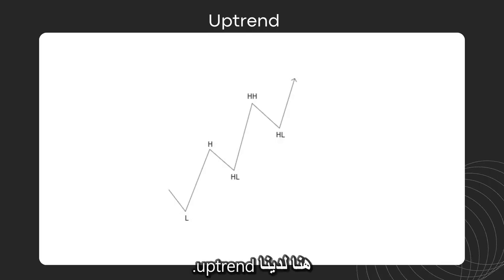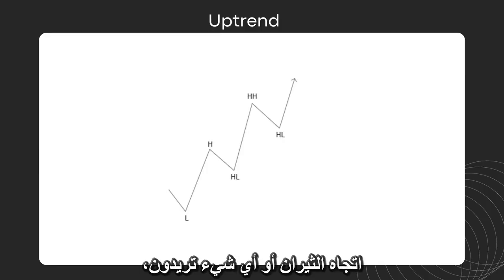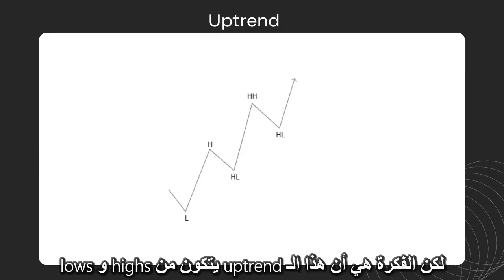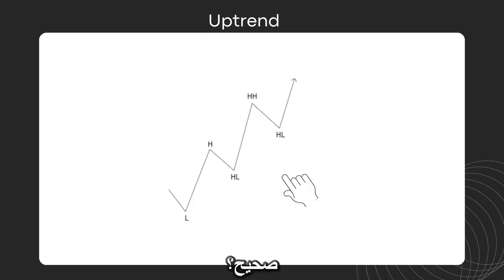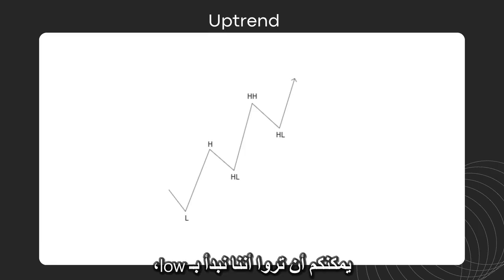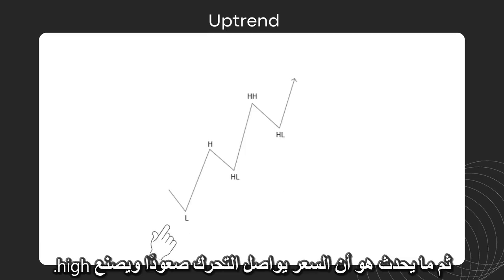Right here we've got an uptrend. There are multiple names for it: you can call it a bullish trend, a bull trend, or anything you want. But the idea is that an uptrend is made up of highs and lows which consistently move higher, just as the name suggests. Here you can see that we start off with a low, and then price continues moving higher and makes a high.